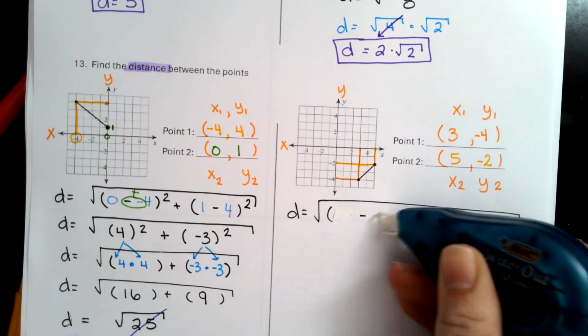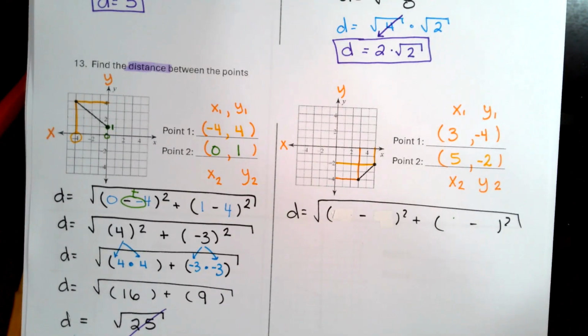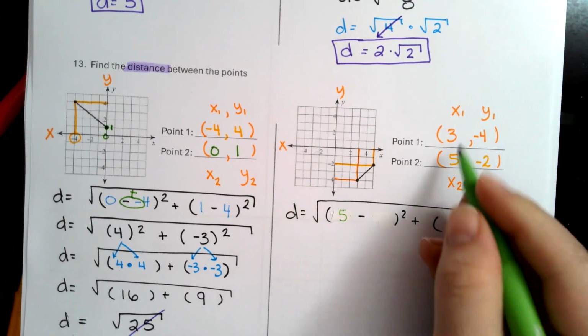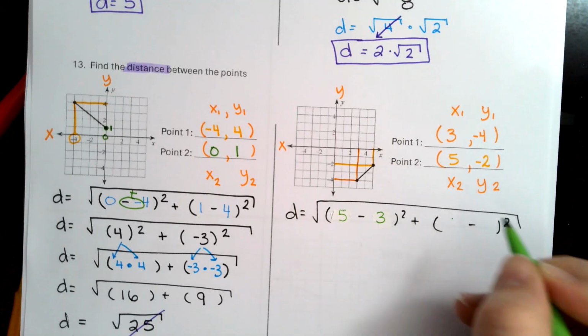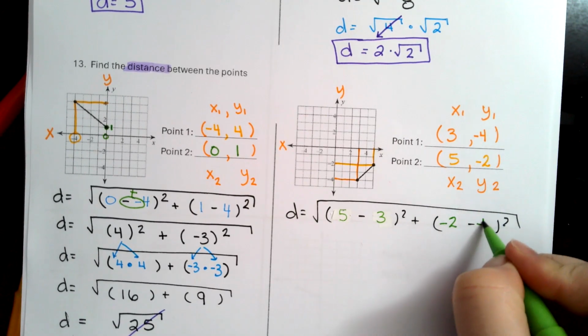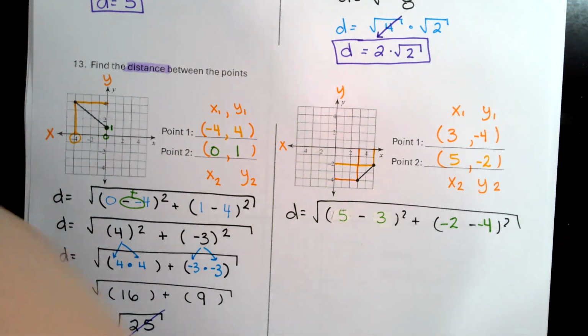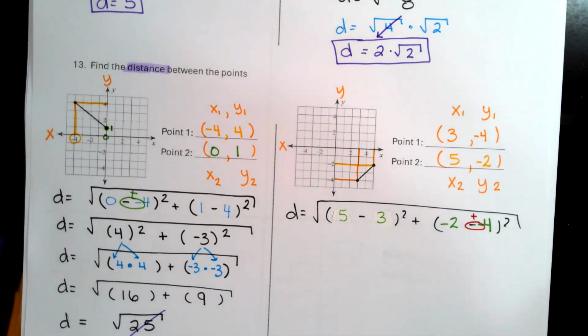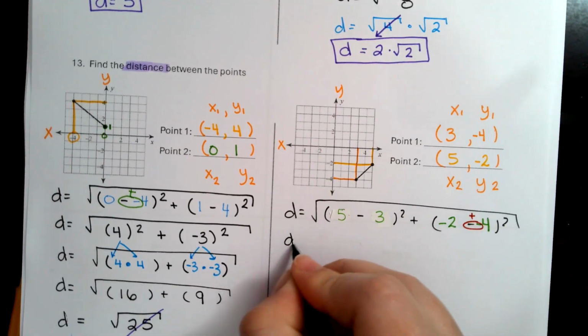It is x2 minus x1. So x2 is 5. X1 is 3. I have to slow down so I don't make mistakes. Y2 is -2. Y1 is -4. Okay, double negatives, yes. Gonna make it into a positive here. Writing out, again, our distance.